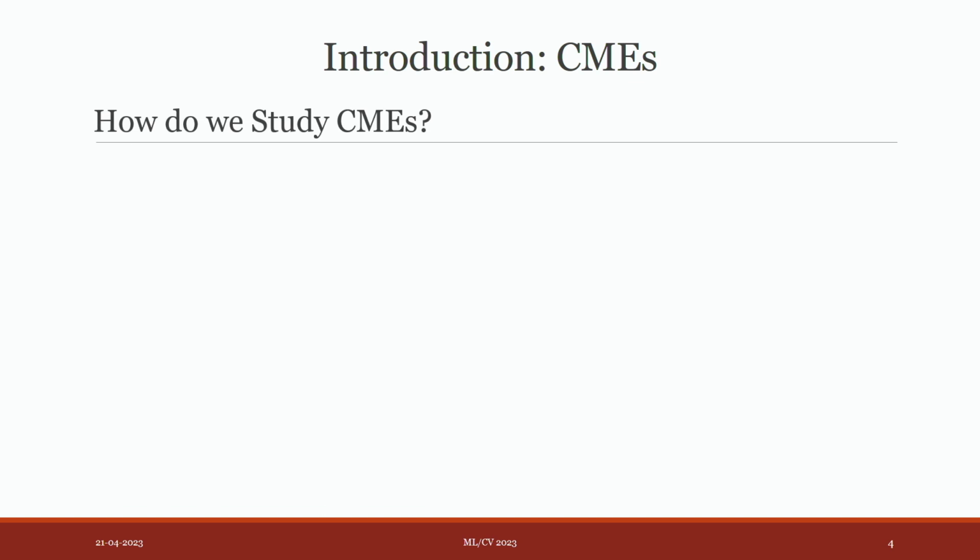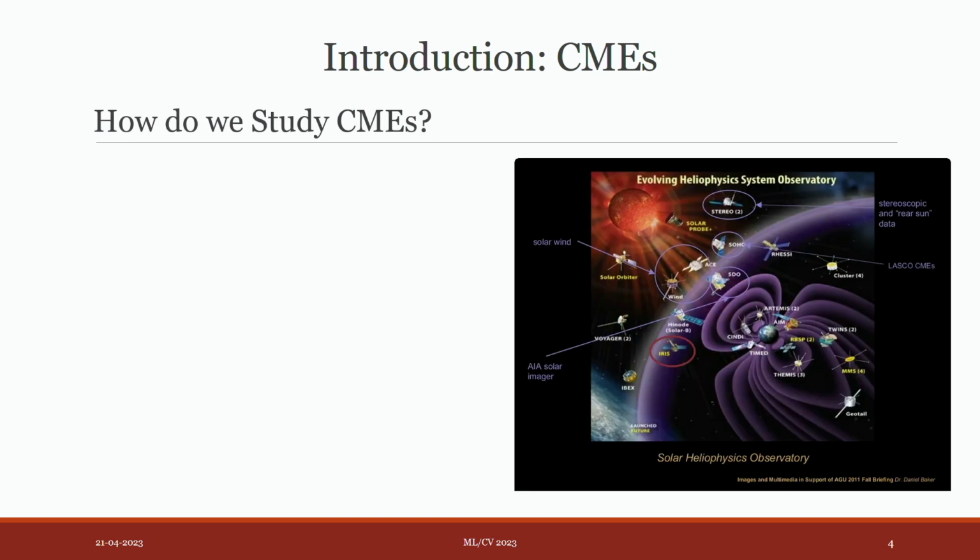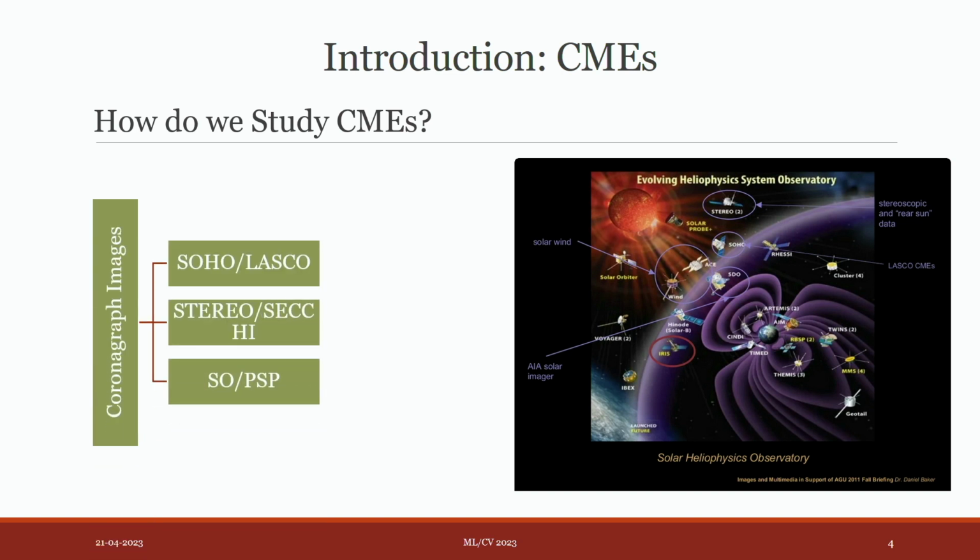Now, how do we study CMEs? We study CMEs through loads of spacecraft, ground-based and space-based. We have SOHO, which was launched in 1995, and we still have data coming from SOHO. To study CMEs, we have coronagraph images. We get those from these spacecraft, whether they are ground-based or space-based.